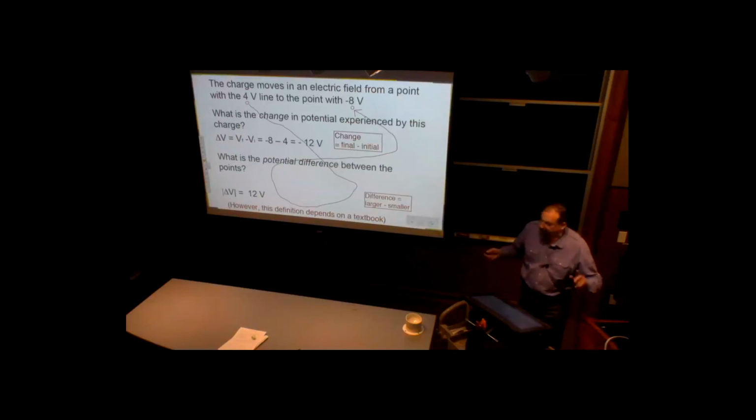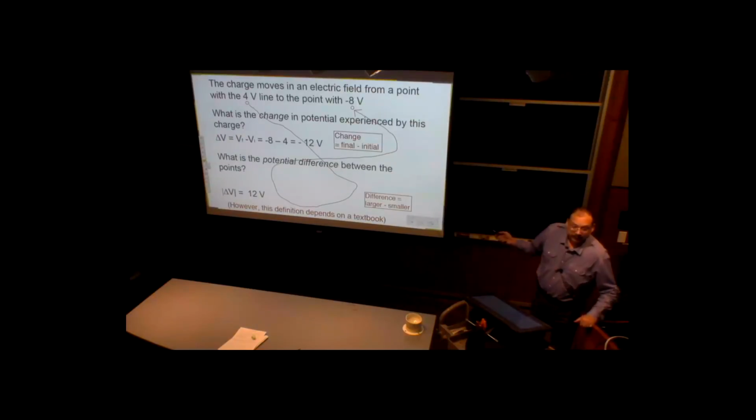Of what? An official unit for electric potential is volt. So the same letter, capital V, also represents the unit of potential, volts. 4 volts, -8 volts. It doesn't matter what charge we use. It matters what point is initial and final. So to calculate the change in the potential, we have to subtract correctly. -8 final minus initial, -12.